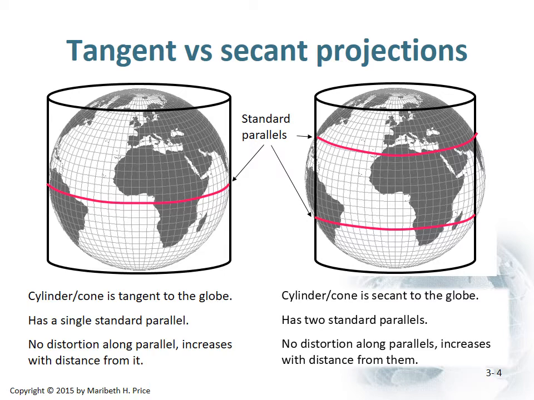If they're tangent or secant, tangency means having your paper surface actually touching and having zero distortion at one line of latitude or one point location. And here, secant, we're seeing it as two lines, minimizing distortion.